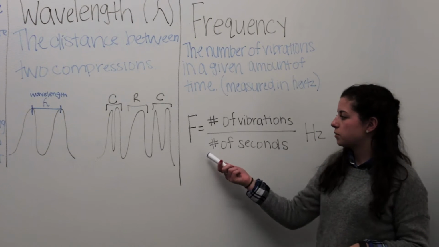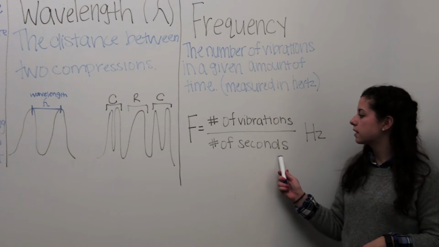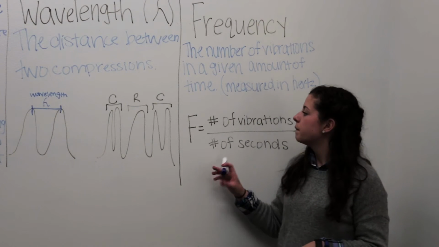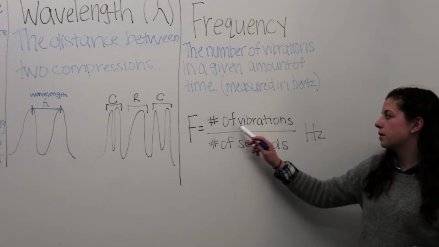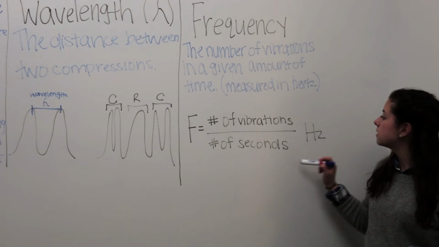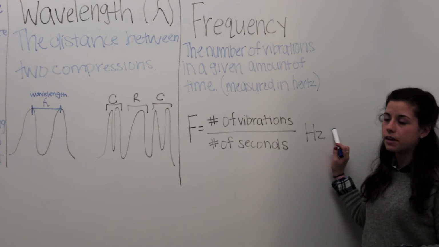And right here is a formula that's already written for you, but you're going to need to study this so you know it when we measure sounds in class. So frequency is equal to the number of vibrations divided by the number of seconds, and it's measured in hertz, so you need to make sure that you have that unit at the end.